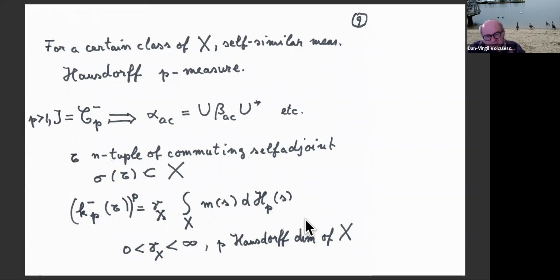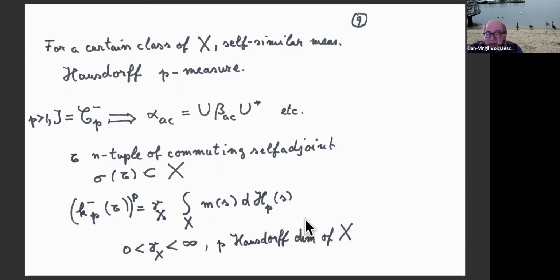But here comes the new part: the formula can be generalized, the formula for K minus P. If tau is an N-tuple of commuting self-adjoint operators whose spectrum is in this fractal set, then K minus P of tau to the power P is a universal constant depending on X, gamma X, times the integral of the multiplicity function with respect to the Hutchinson measure, which is here a Hausdorff P measure.